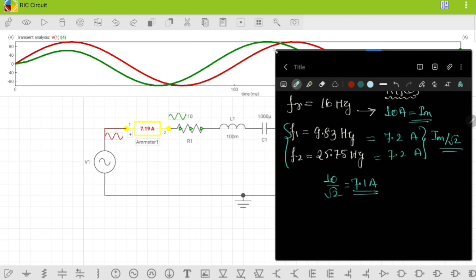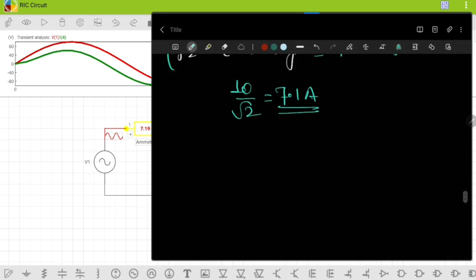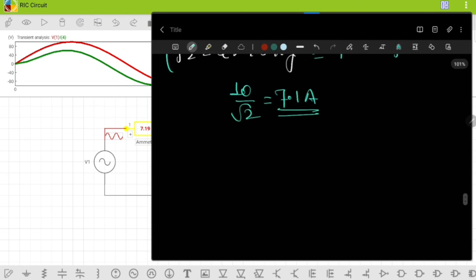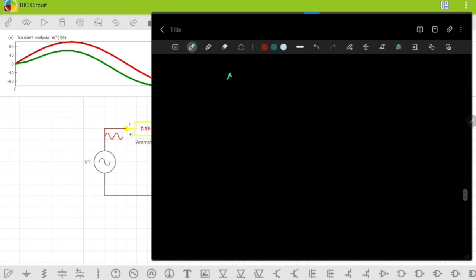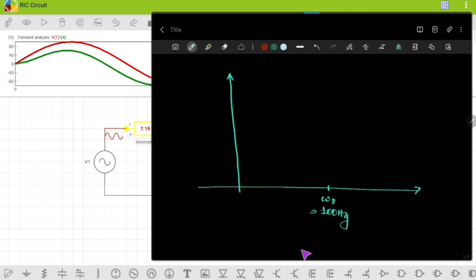Right? So if we try to plot this, at omega r, which was 100, and the half power frequencies, omega 1 was 61.8 and omega 2 was 161.8.